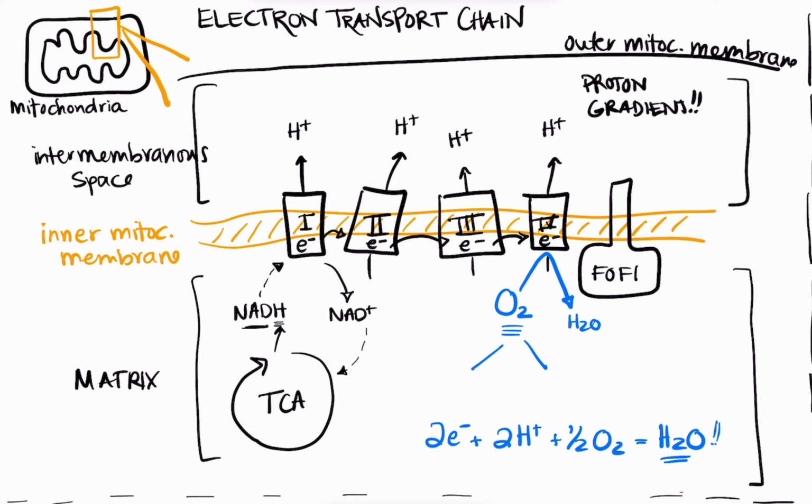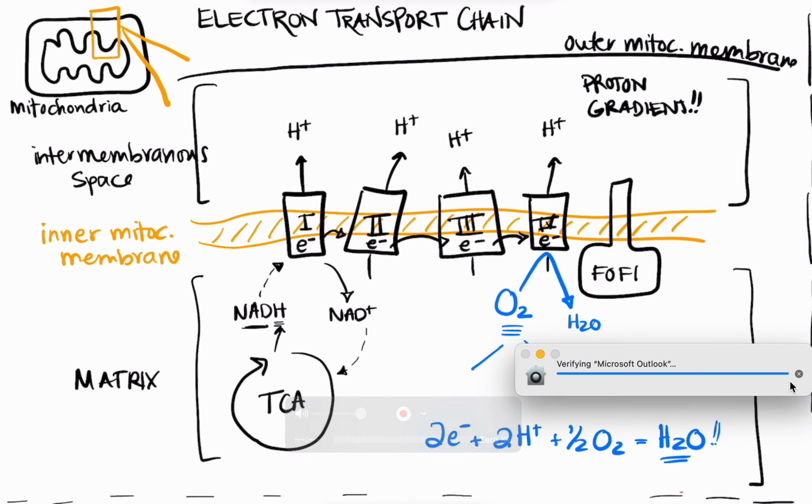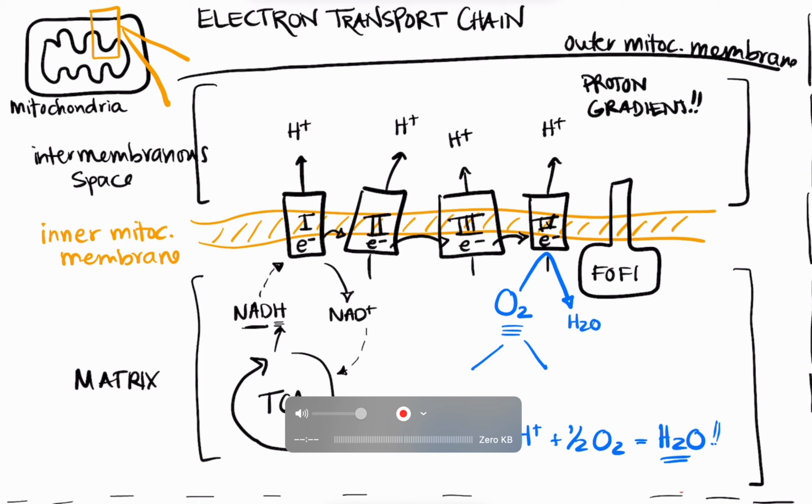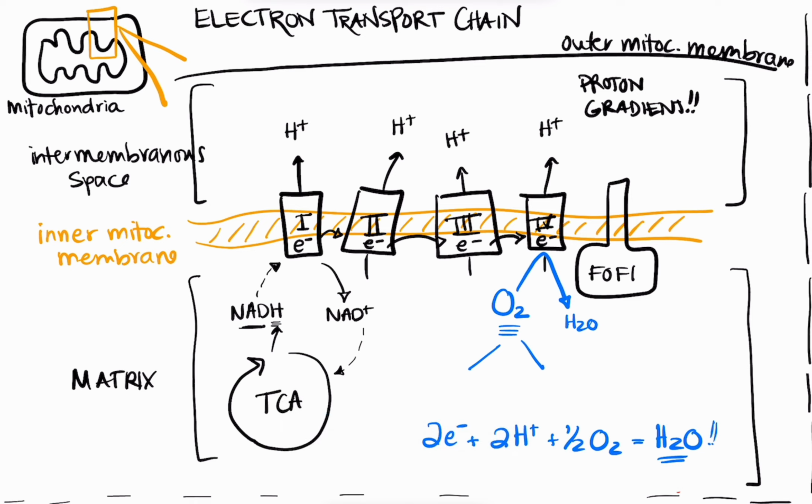You will notice that up to this point, we haven't yet produced any ATP. What we have produced is a proton gradient that allows there to be a huge difference across the inner mitochondrial membrane. FOF1 allows the protons to fly down their concentration gradient through FOF1, which actually takes this whole complex and spins it.